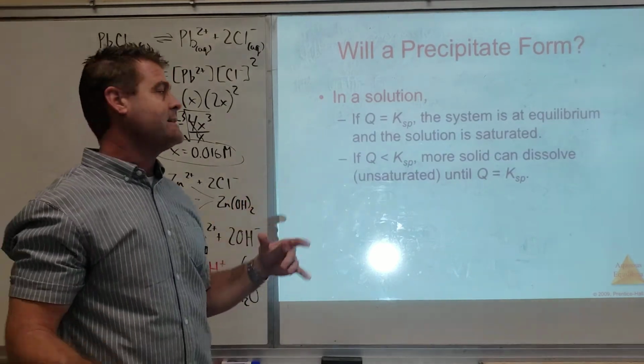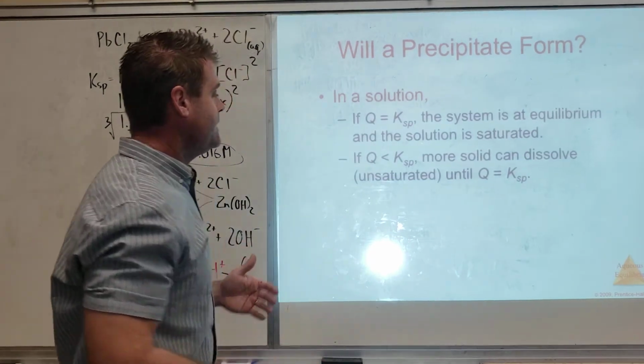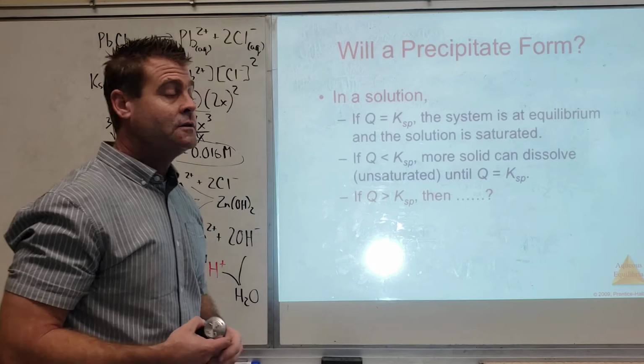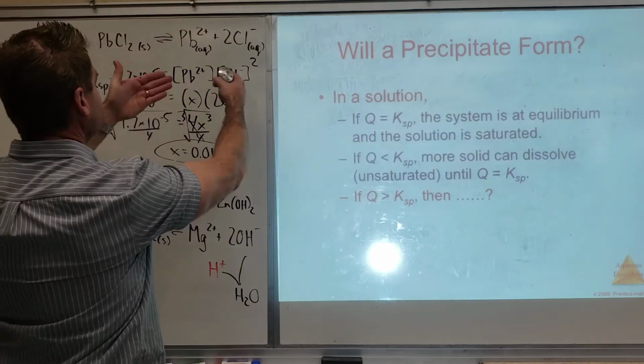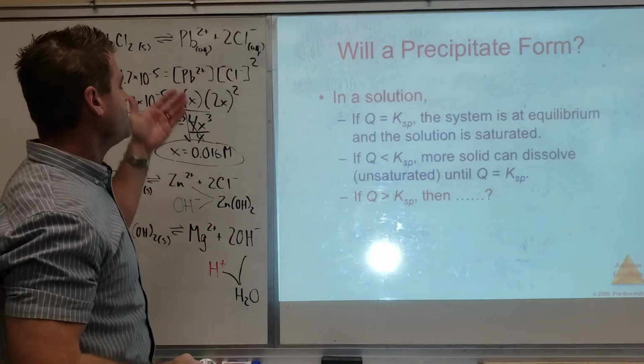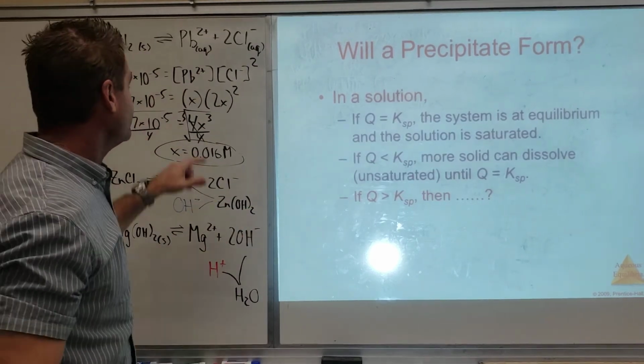And then you guys could probably guess the last scenario. What happens if you plug values into Q and you get a value that's greater than Ksp? What would that indicate? Let's say I gave you some lead ion concentrations and chloride ion concentrations, and we plugged it in, and we end up getting a value that was more than 1.7 times 10 to the negative 5.